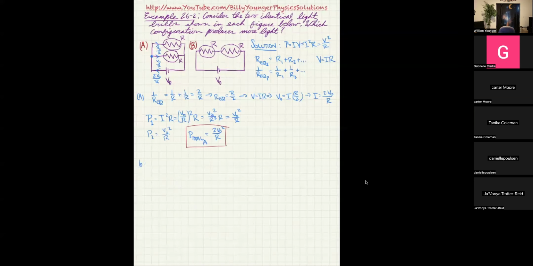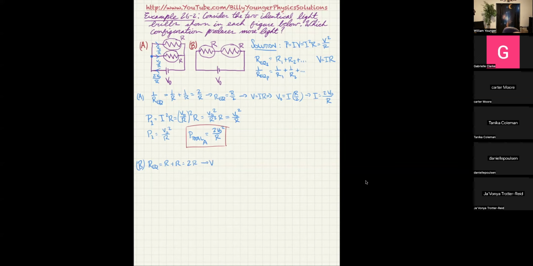Oops, I forgot I used capital B. So now I use the same thing for part B. In part B, I'm going to say R equivalent is equal to R plus R, which equals 2R.